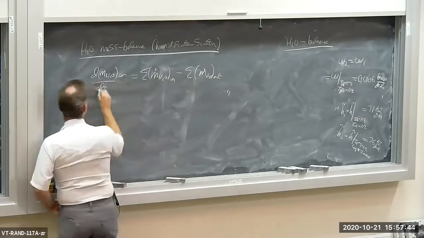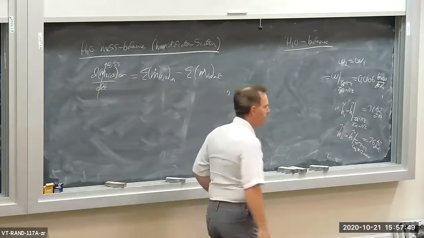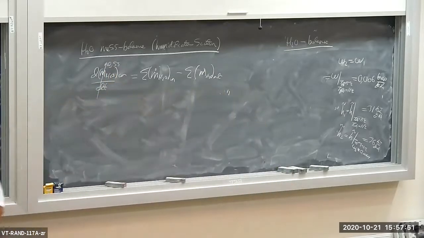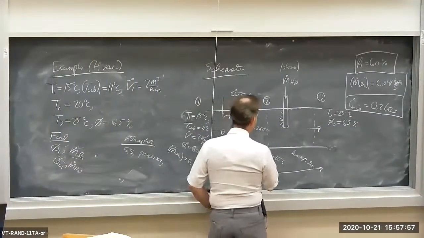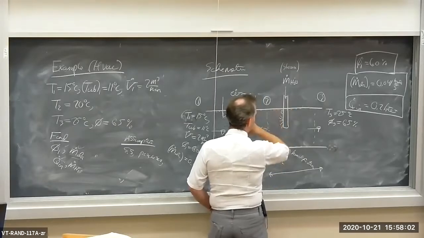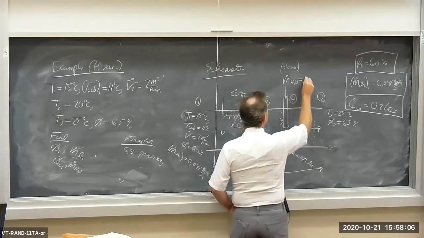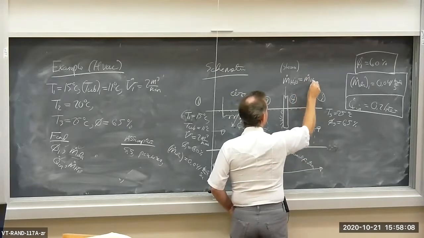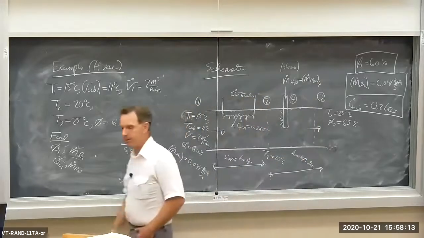Steady state, so this is 0. I have an inlet at location 2 and the mass flow rate for the injected water. So I have an m dot H2O2 and an m dot H2O here. I haven't given this a location, I guess I'll call this location 4. So this is m dot H2O4. How about we'll just call it that. Got to call it something.